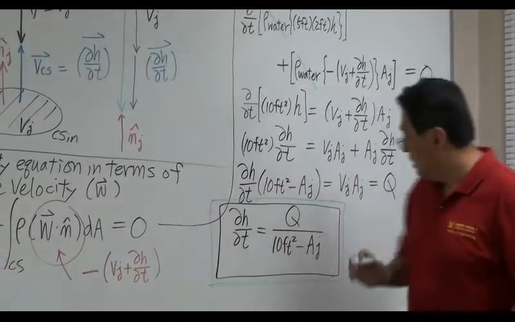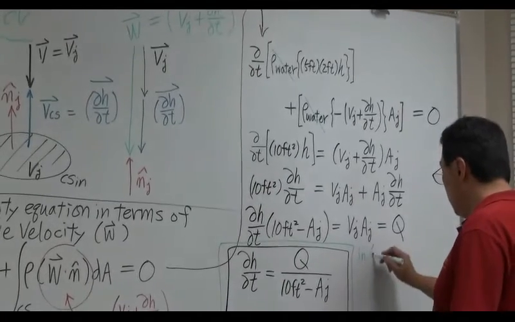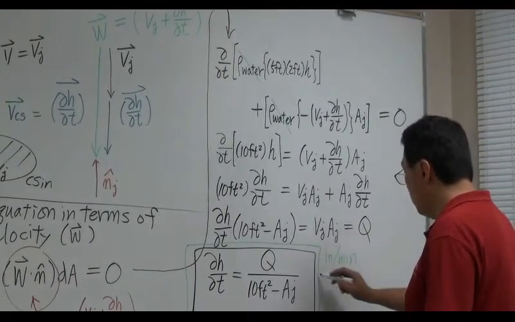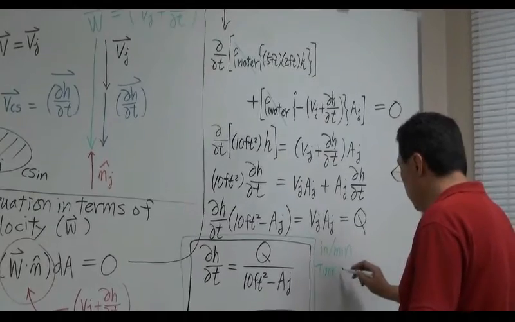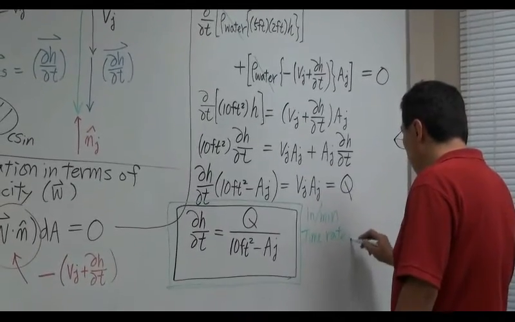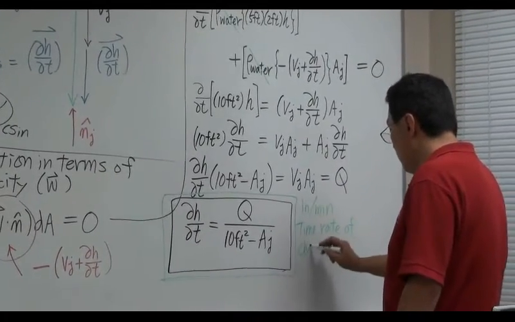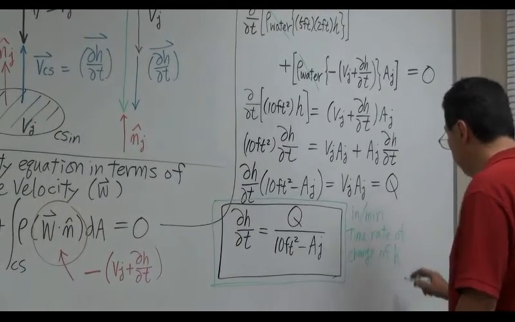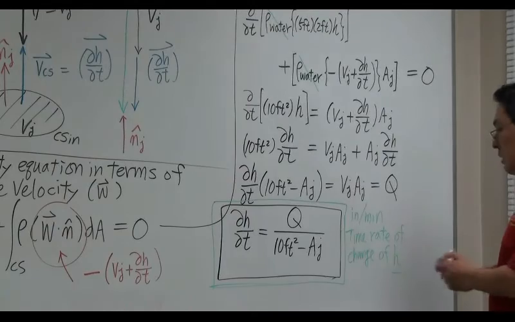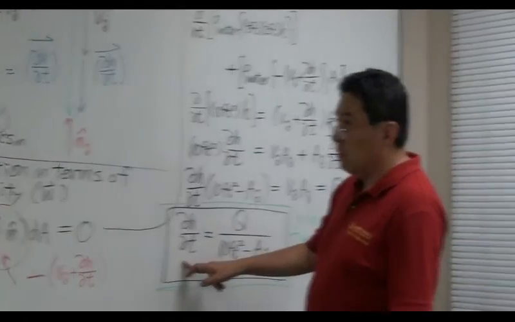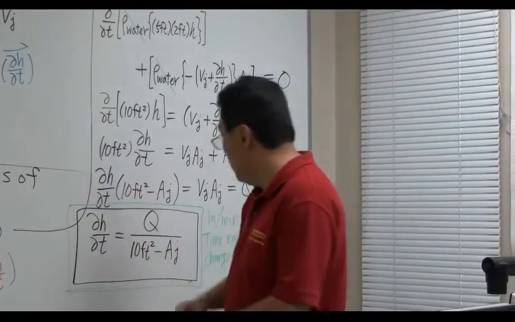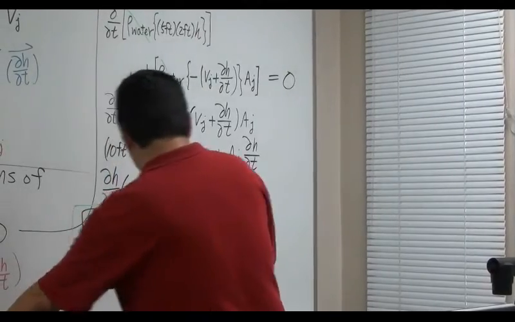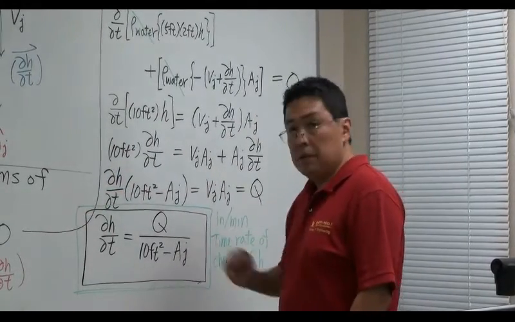So obviously this is going to be inch per minute, the time rate of change of h, the water depth. Or this is the velocity of the water surface moving upwards. As you notice, this is the exact same equation we got.